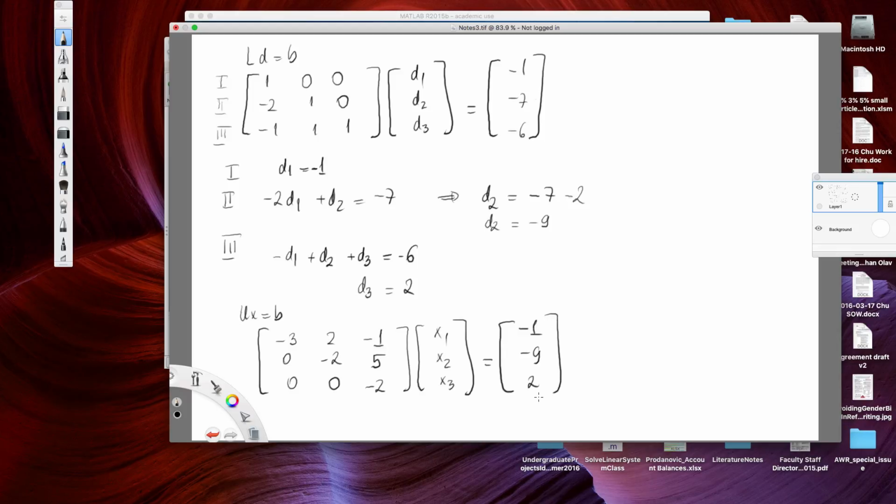So how do I solve that one? Easy. What do I do here? This is an upper triangular system, so I can just do backwards. So what does it give me for x3? And then, person next to you, how do I get x2?